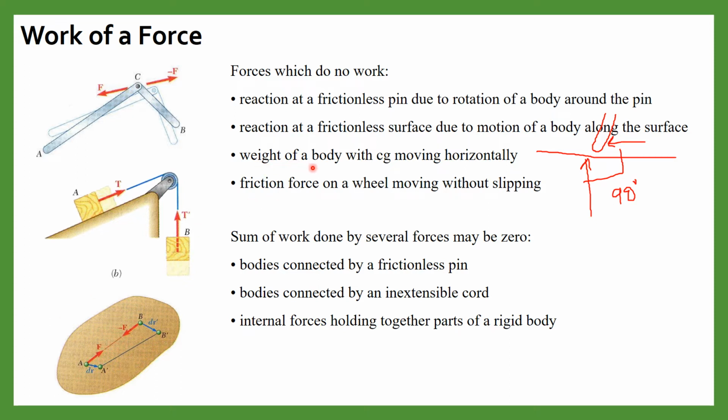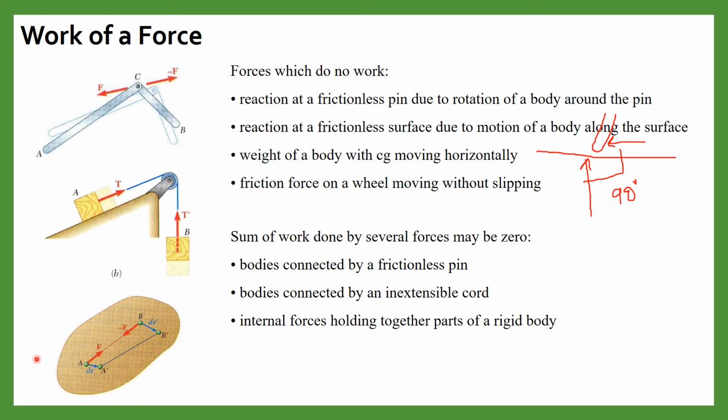Similarly, the weight of a body with its CG moving horizontally. In this case the weight acts vertically downward while the center of gravity is moving horizontally. So again the force and displacement are perpendicular to each other and there will be no work. Then, friction force on a wheel moving without slipping.